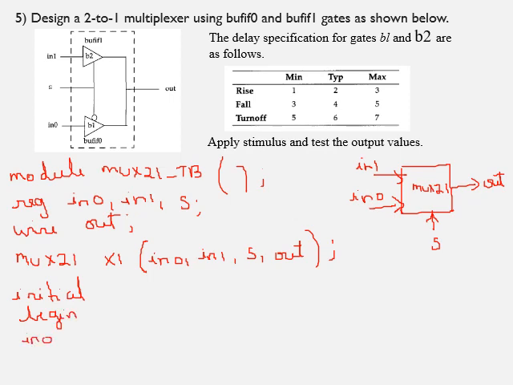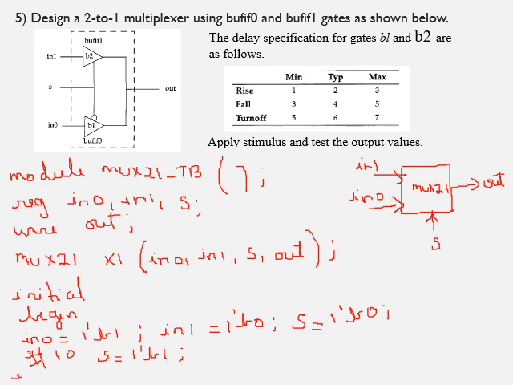Say let me take in0 as 1 and in1 as 0. Then I will assign S initially 0. Then after a delay of say 10 time units, I will assign S to 1. This is end and endmodule.